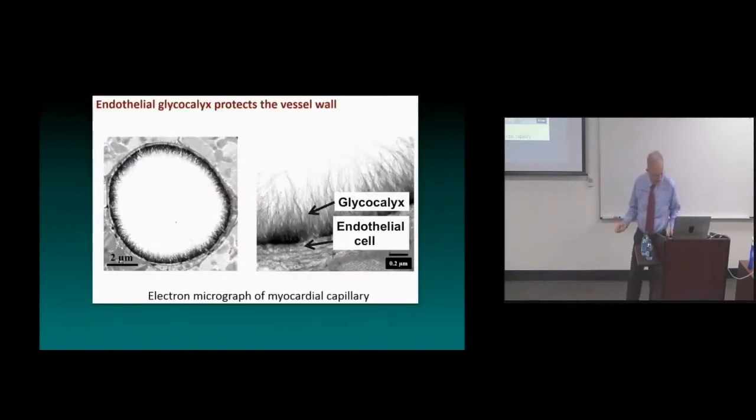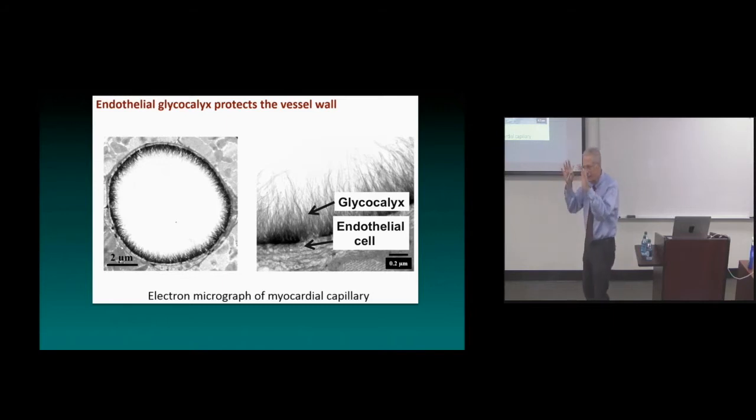And some investigators sacrificed animals, I think rats or guinea pigs, and used special fixation techniques so that the glycocalyx would be intact, and you can see what we're talking about, this fuzzy type stuff. This is a close-up: the endothelial cells here, and this is the glycocalyx wiggling there.